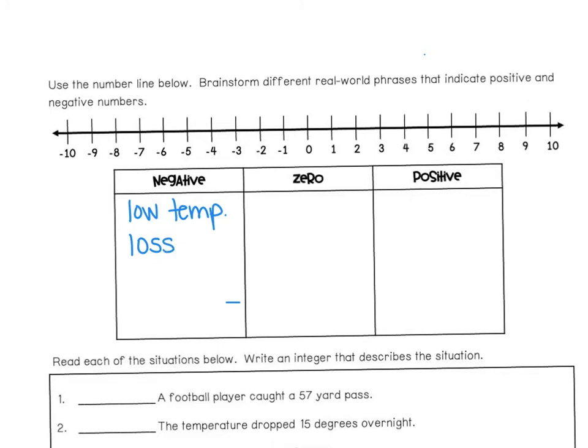Maybe you lost your money. Maybe you lost your wallet. Anytime you lose something, that's going to be indicating a negative amount. Okay? The word less is also an indicator of a negative number or losing something. Those are just a few examples. You can probably think of a lot more.